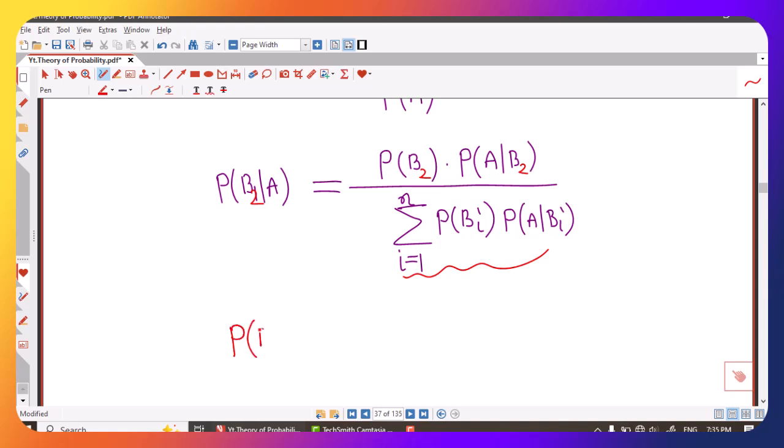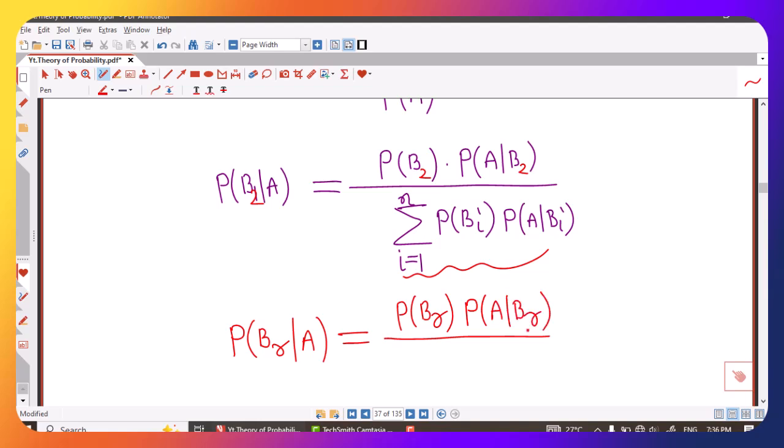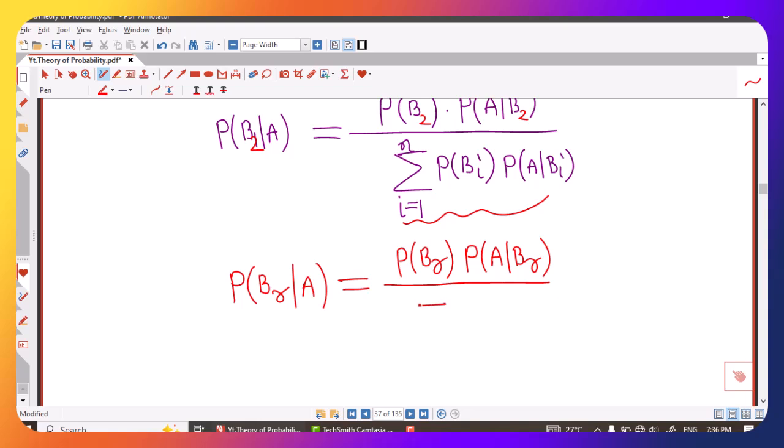So in this way we can in general write this formula also. Suppose I have n events B1, B2, Bn, then the probability of Br given A is going to be the probability of Br times the probability of A given Br divided by the probability of A, which by the total probability rule is the sum of the probability of Bi times the probability of A given Bi. i takes the values 1 to n, and here r can vary from 1 up to n.